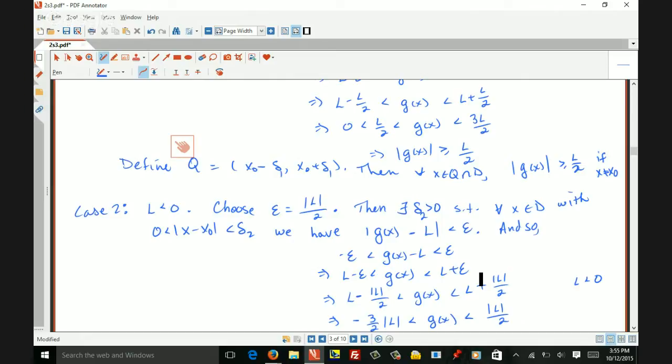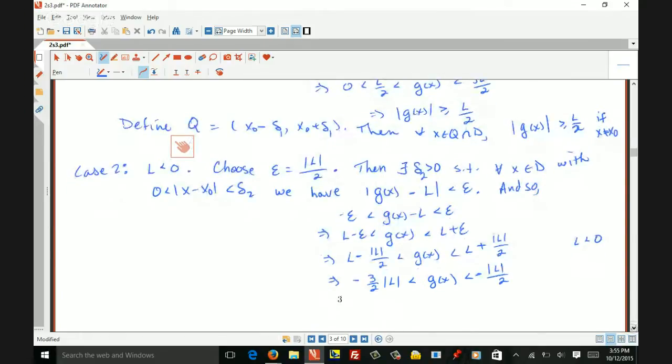Would it be negative? Yes. Negative absolute value of L over 2. So that tells you that g is negative. So what happens to the absolute value of g then? Yeah, and in fact, it's going to be bigger than the absolute value of L over 2, right?